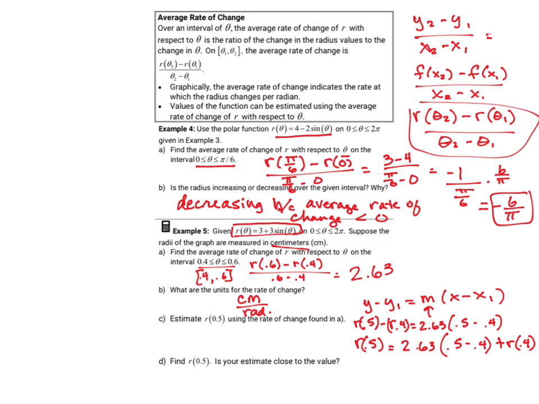So on your calculator, you should be able to type this sentence: 2.63 times 0.5 minus 0.4 plus R of 0.4. Anybody get a number? This is estimating R of 0.5.